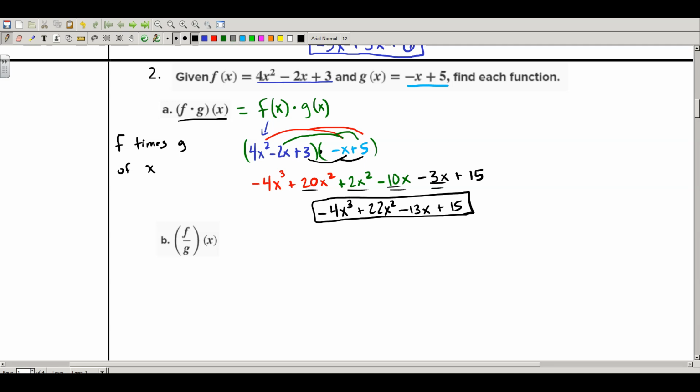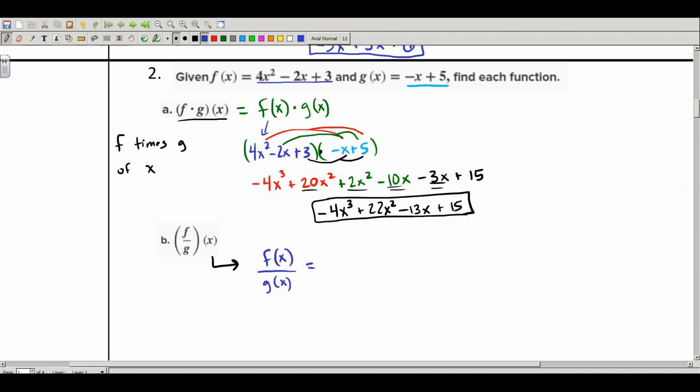Now let's go to the bottom, the next problem, which is a division problem. So we're just saying f divided by g of x. Okay, so as you can imagine, we're going to take f of x. And again, this is the same thing as saying f of x, separately as that function, divided by the function g of x.